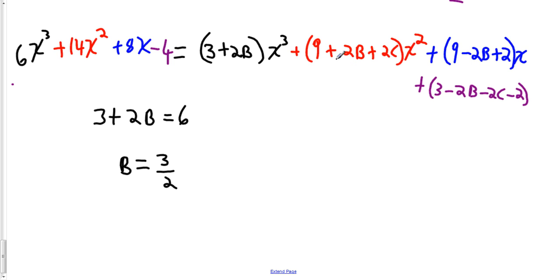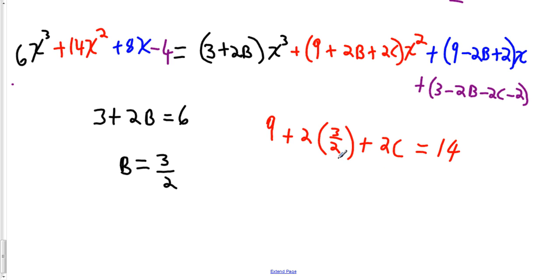Well, here's a relationship. I know that 9 plus 2b, which I just found out to be 3 halves, plus 2c, which is the coefficient of x squared on the right side, has to equal 14, which is the coefficient of x squared on the left side.